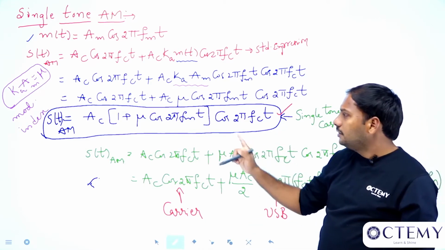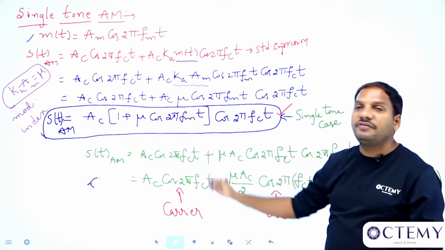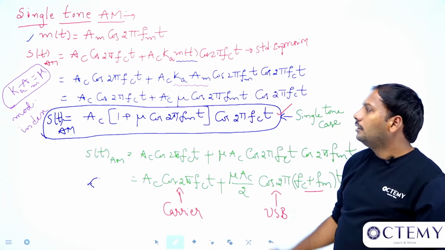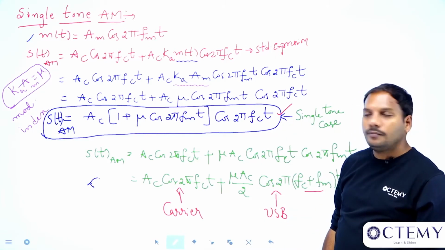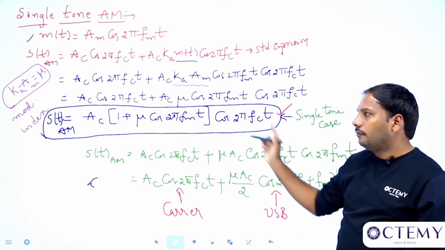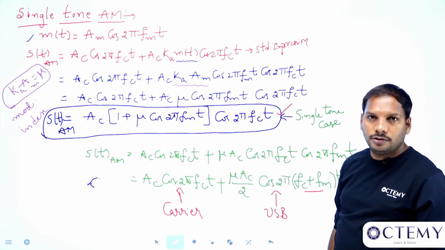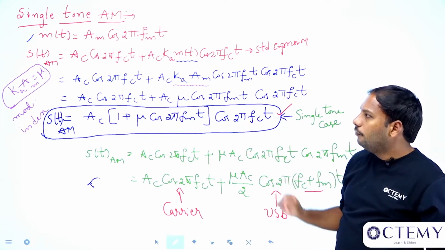Is it possible? Yes, it is possible. Why? Because m of t is substituted, m of t is specific. So you can draw this in a waveform, or on the CRO you can visualize this waveform.